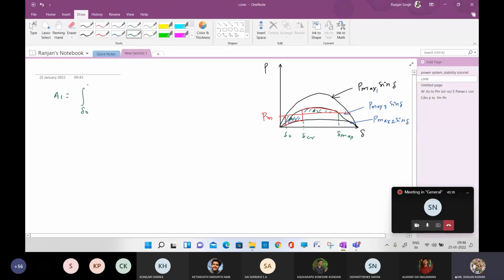Integral from del naught to del CR of Pm minus r1 P max sin del d del.